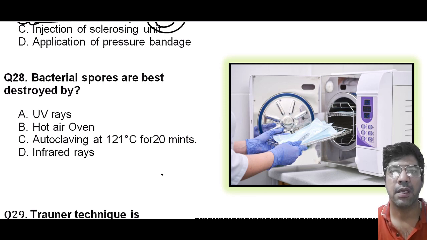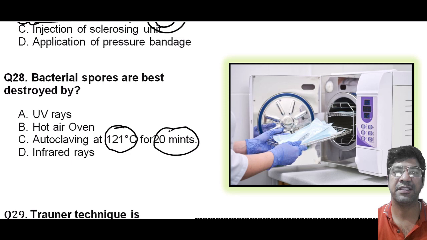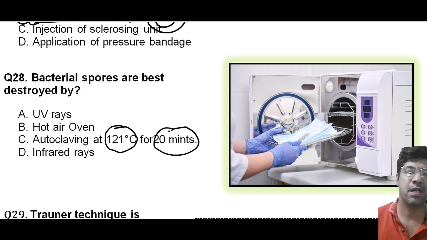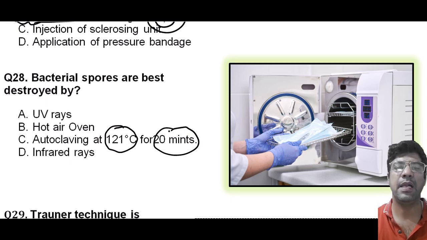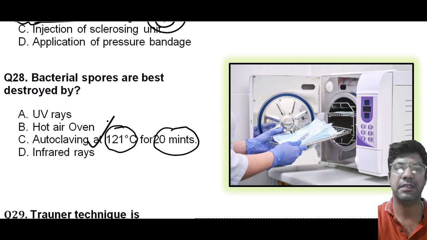Remember, the temperature and pressure we use for autoclave is 121 degrees Celsius for 20 minutes. That is the standard, and it will kill all viable microorganisms, including bacterial spores, making it a reliable method for sterilization. So the answer is C.